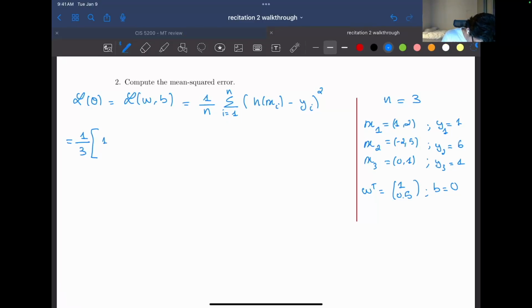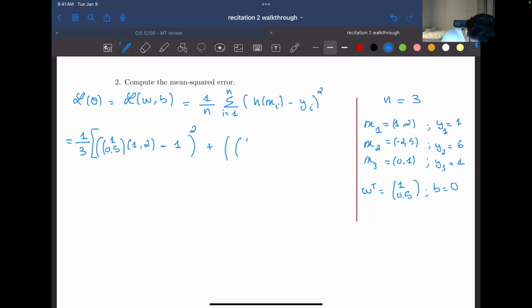I'm going to stop giving too many details so this video doesn't last forever. Maybe we move this a bit so we can fit the square. This is W transpose, and then x1 is 1, 2. And then here we're supposed to have a plus B, but B is 0, so let's not bother with that for now. Minus y1, which is 1. And this whole thing has to be squared, and that's the first term.